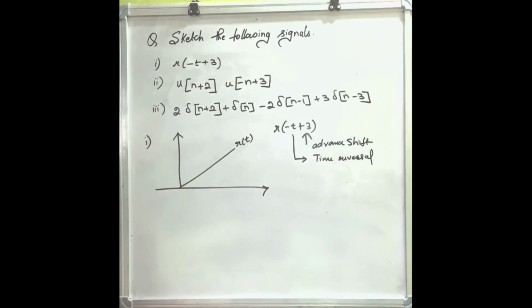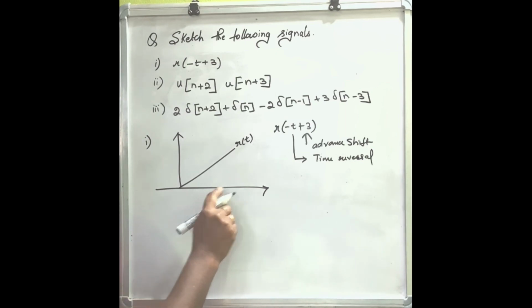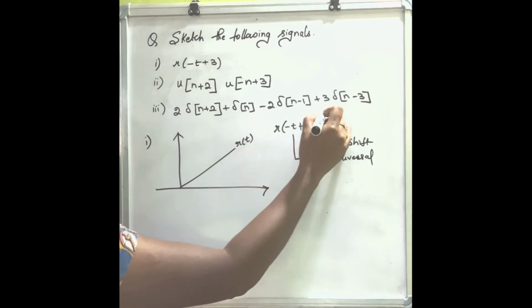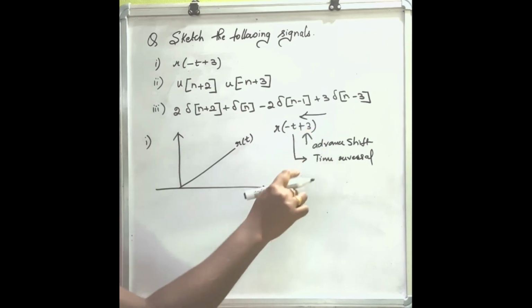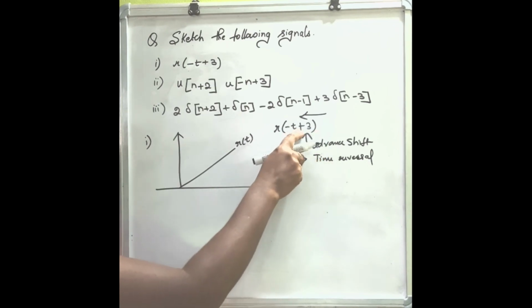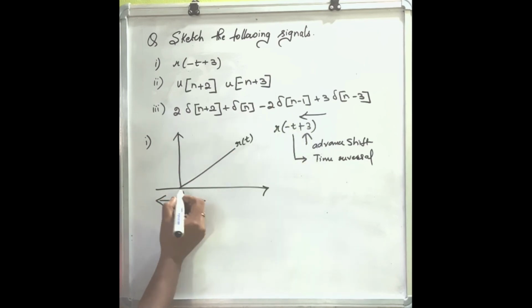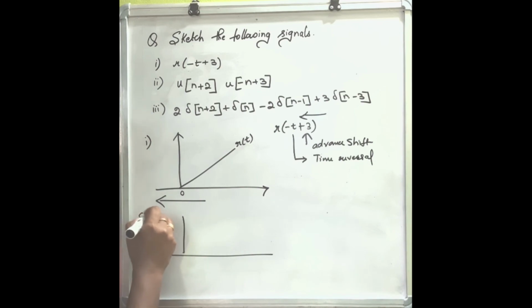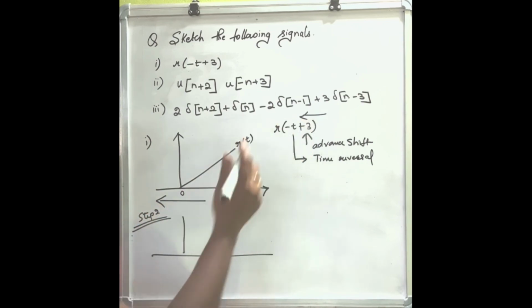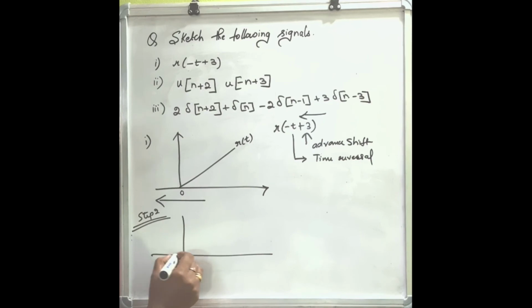So here shifting and reversing has been asked. This is R of t that has been done. First we'll do the shifting and then we'll go for reversing. When we say shifting, it is a move to the left side by 3. So now it starts from 0. Step 2, you're going to shift towards the left by 3: 1, 2, 3.